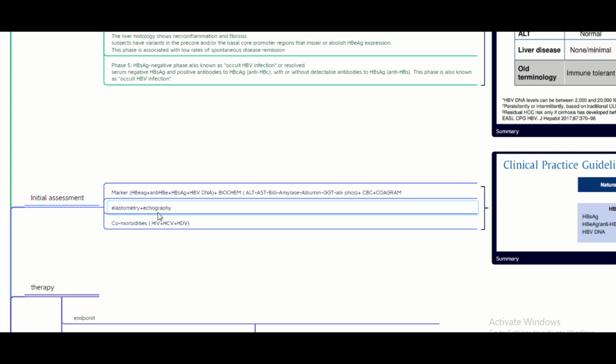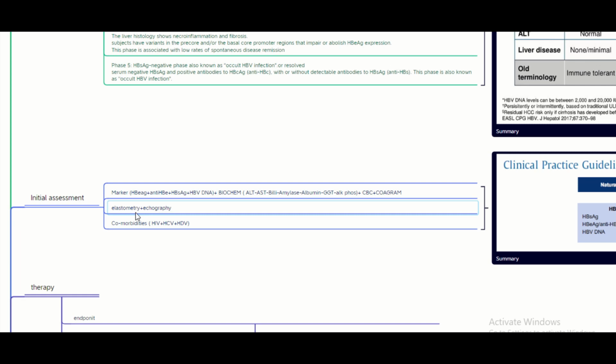And elastometry should be done. Elastometry is a new way of trying to assess the type of tissue we have inside the liver through echography. This is non-invasive and it has replaced liver biopsy. Within elastometry, we can see the fibrosis of the patient.